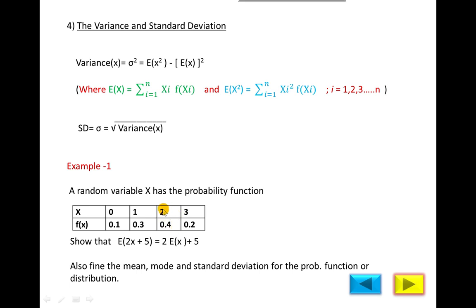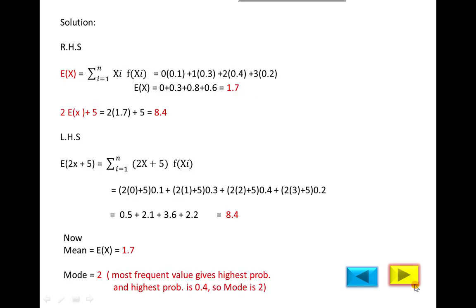So 2 is the mode; the value of x equal to 2 occurs 40% of the time. This is 10%, 30%, 40%, 20%, or you can say out of 10: 1, 3, 4, 2. The highest frequency indicates the highest probability, and the corresponding value is called the mode. So without any formula, you can calculate the mode directly from the highest probability, which is 0.4, so the mode is 2.